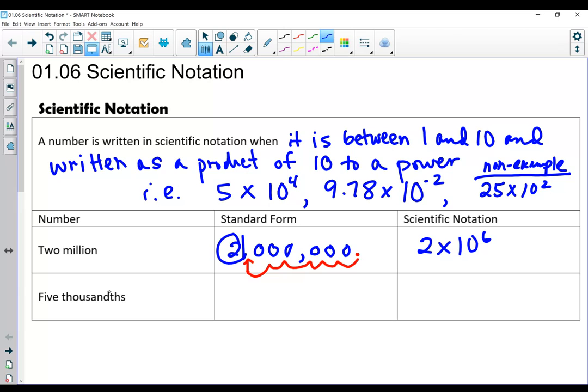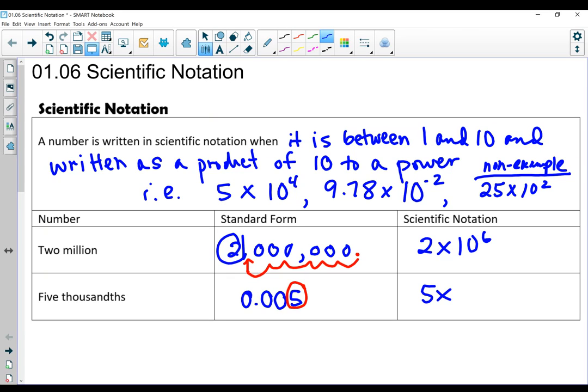The next one, I have 5 thousandths. So that's 0 point. The first place holder, my 0 is a 10th place. And then a hundredths place. Next is thousandths. And I want there to be 5 thousandths. So I'm going to put a 5 there. So now I have to look at what's happening to my decimal again. My decimal starting out here, but I want there to be a number between 1 and 10 in front of that decimal.